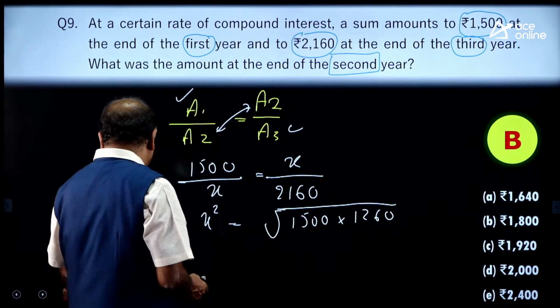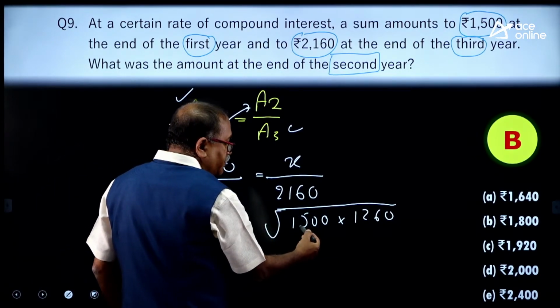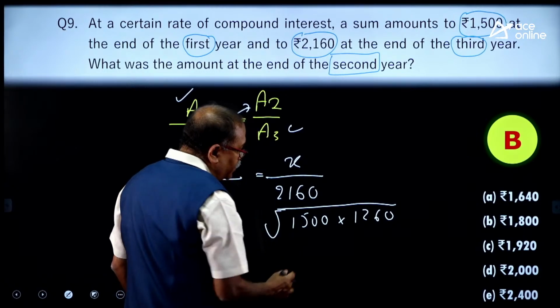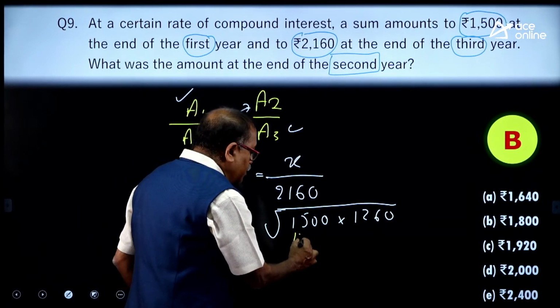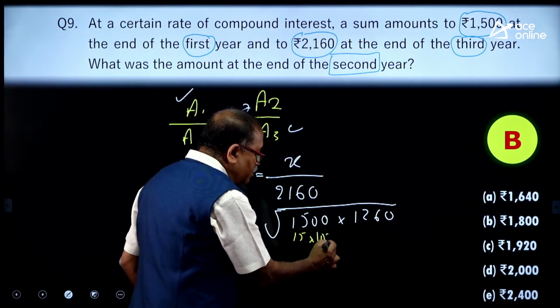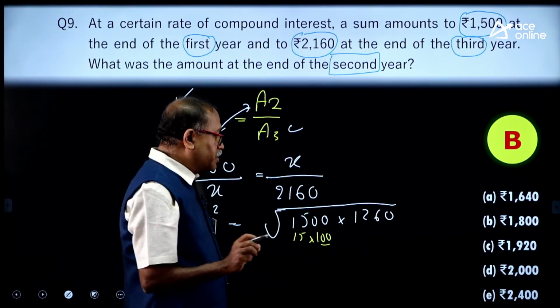The easy approach for this will be, break this number 15 into 100, and 100 can be written as 10 square. So, I am writing that as 15 into 100, I will take the 100 outside, so it will become 10, that is the purpose here.